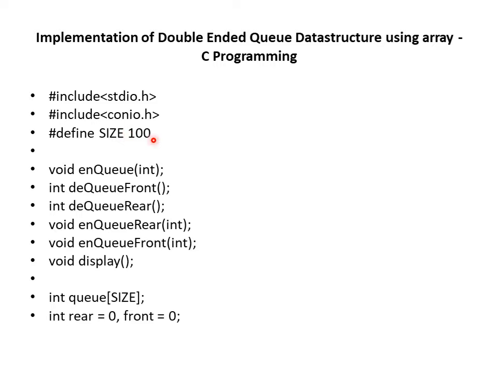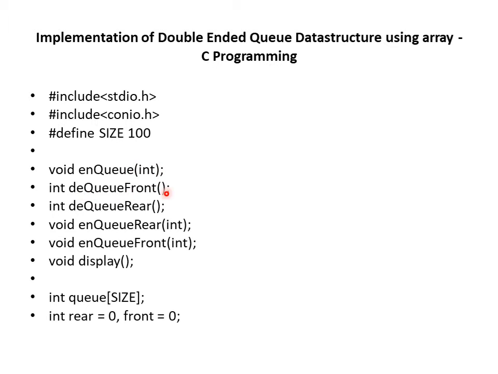I am taking the size as 100. Here are NQ and DQ, for the front end and rear end. Here you can see there are two DQs and two NQs. One is the normal NQ, that is, insertion. How is it done here?